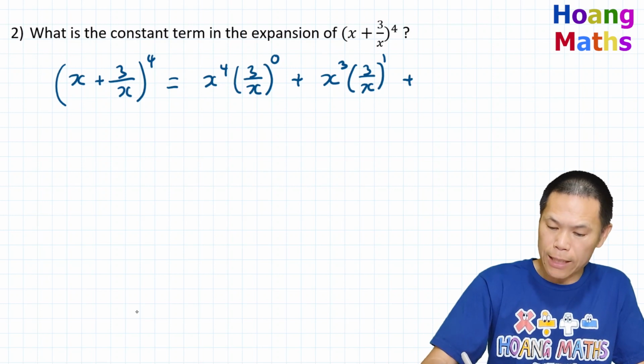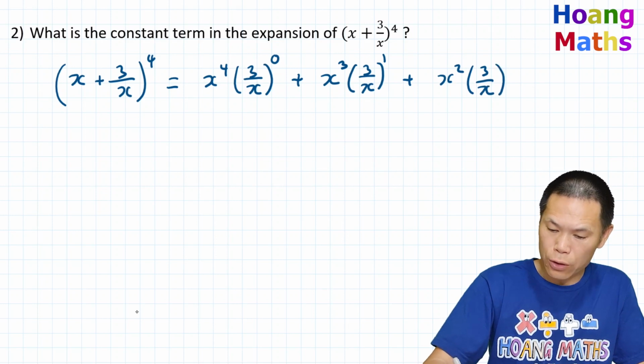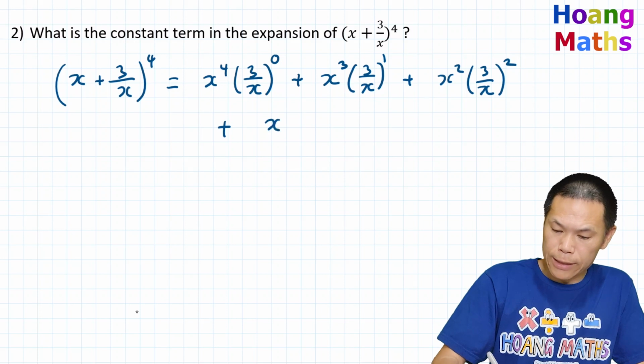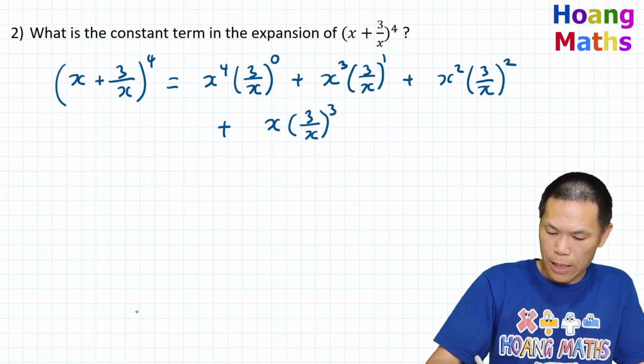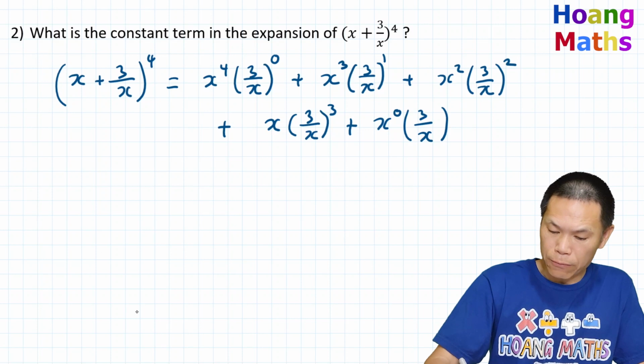And then we add x squared, and then 3 over x power of 2. Then we add x, and then 3 over x power 3. And then we add x power 0, 3 over x power 4.